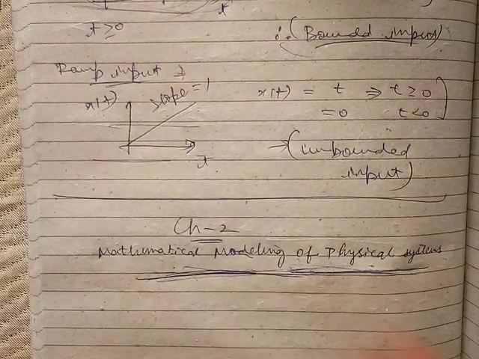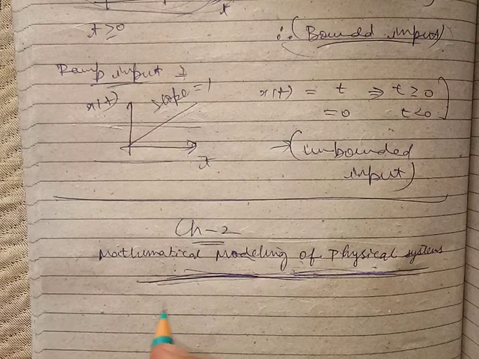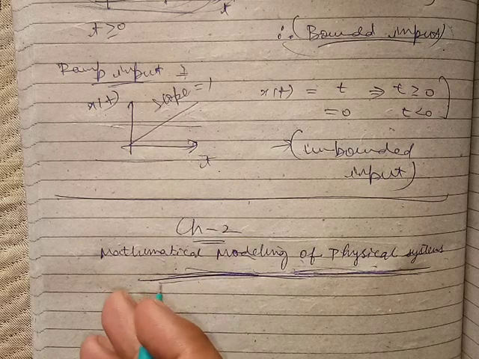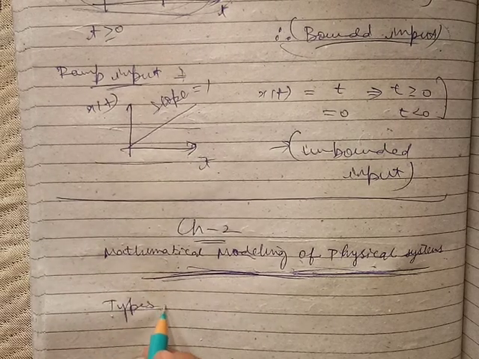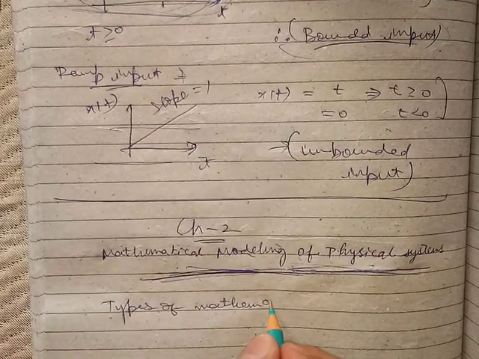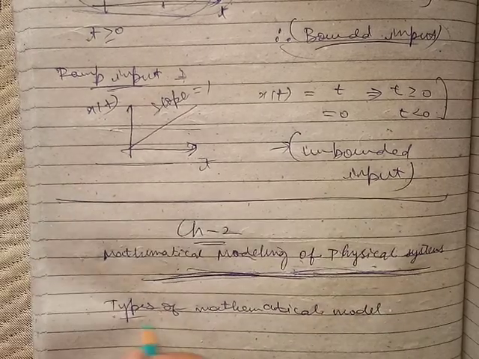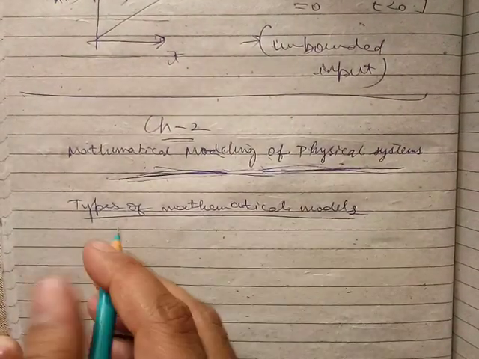Now we have different models and systems. Types of mathematical models, right?